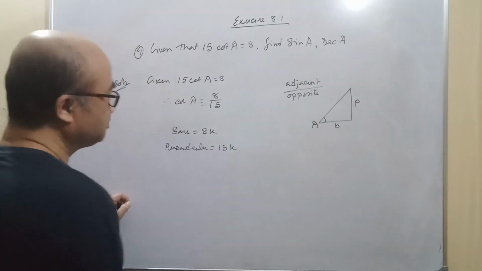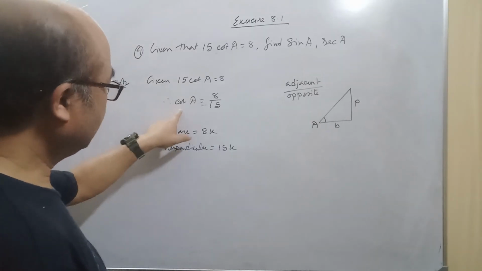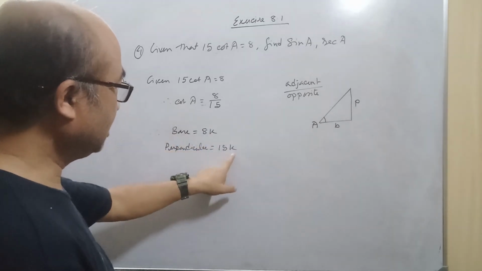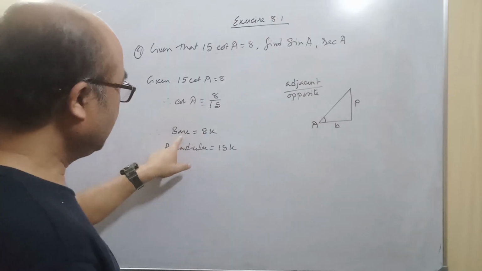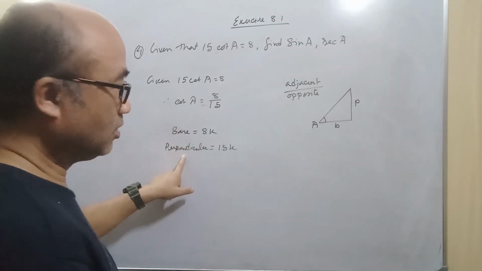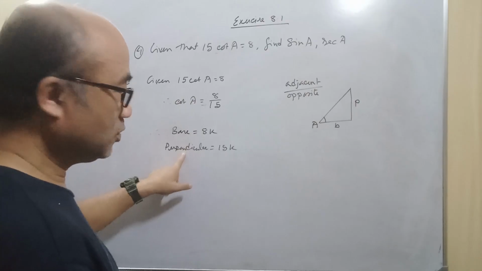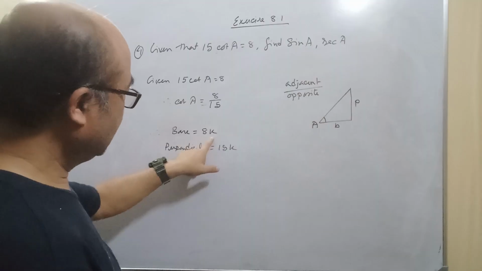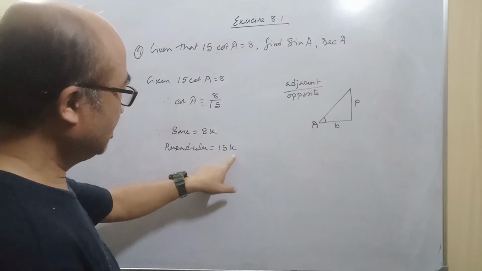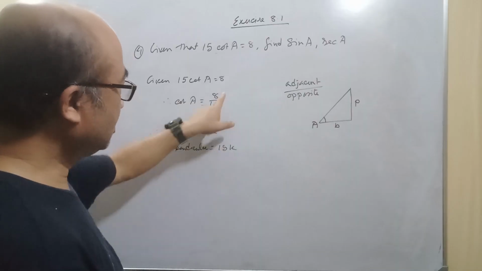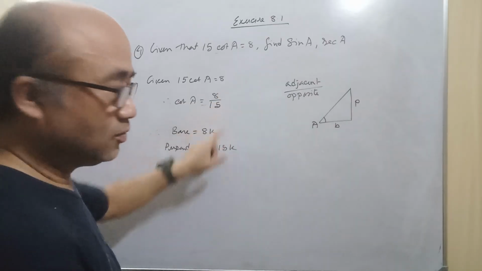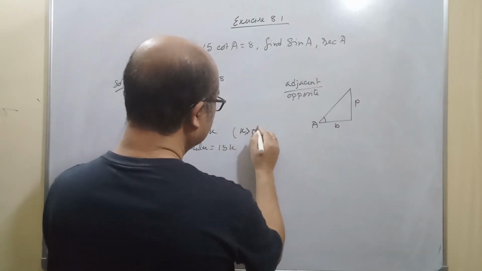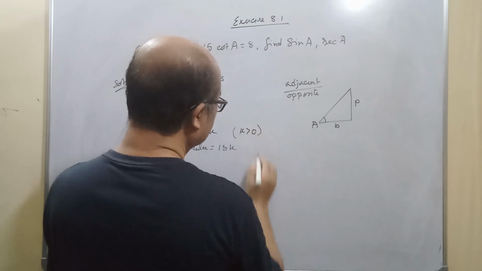Are you following me? I have taken that if cot A is 8 by 15, then base is 8K, perpendicular is 15K, because cotangent is base by perpendicular, right? Or adjacent by opposite. So the base is 8K and perpendicular is 15K, because 8K by 15K is equal to 8 by 15, where K is any positive integer. Positive integer means greater than 0.